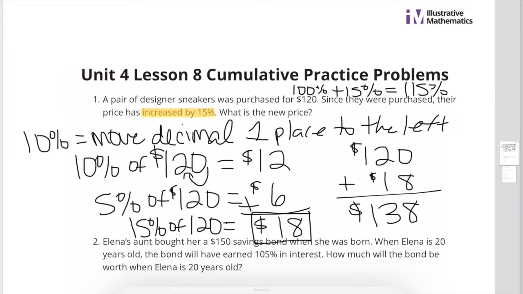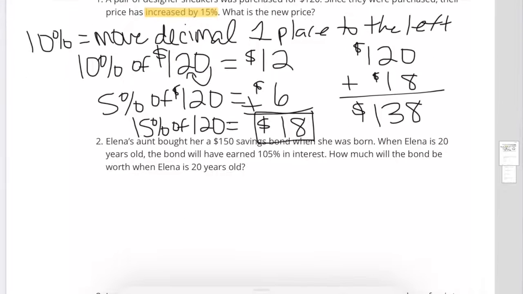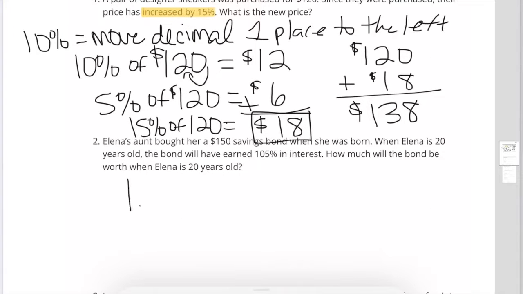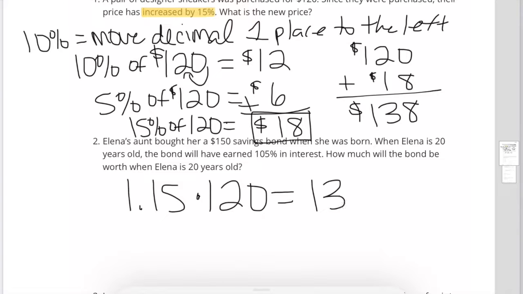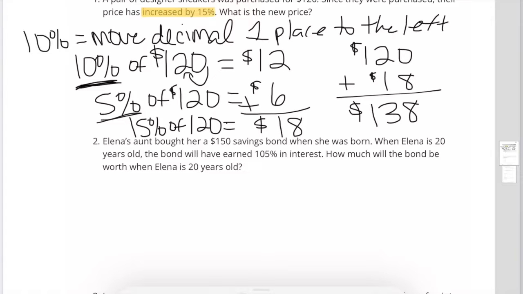Okay, so then if you use the 115%, then you would just do 1.15 times 120, which would also give you $138. So both methods work, but if you're doing it mentally in your head, you can just find the 10% and work from there. Okay, let's look at number 2.